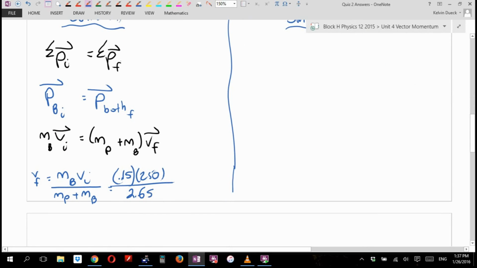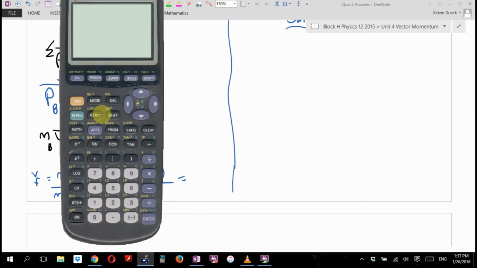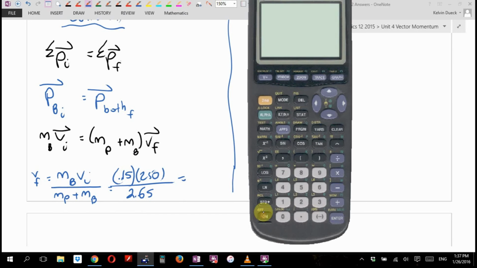2.65. I went 2.5 and 0.15 in my head. Is that okay? Just because I'm kind of running out of room here. And I get, after the collision, they move off at 13 point something, somebody said? No! I hit the wrong thing. 0.15 times 250 divided by 2.65. 14.15?